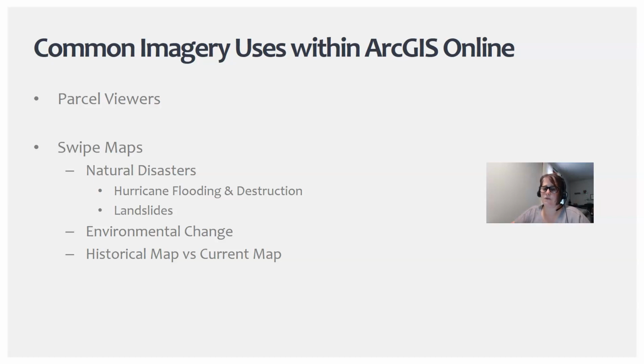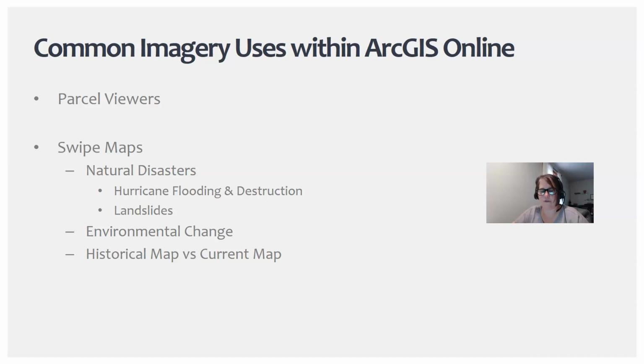This imagery is also really important in the development of swipe maps, showing change over time. And swipe maps can be built in a couple of different ways. There's a really easy, stupidly easy way that, I mean, it takes you all of 5 seconds to build a swipe map. There's a better way of building one in Web App Builder that allows you to give more control to the map user.